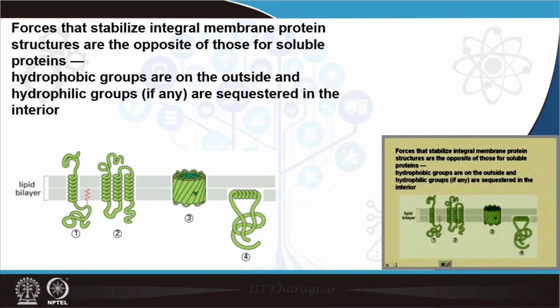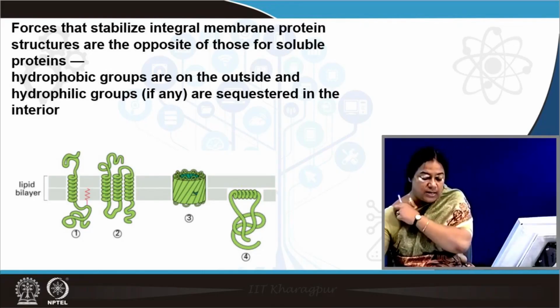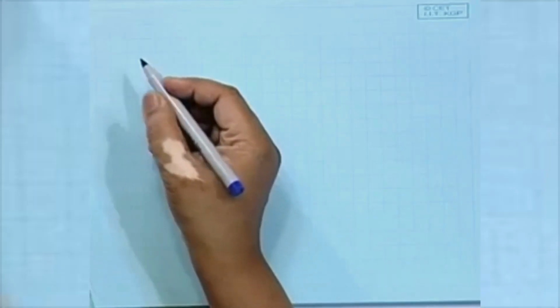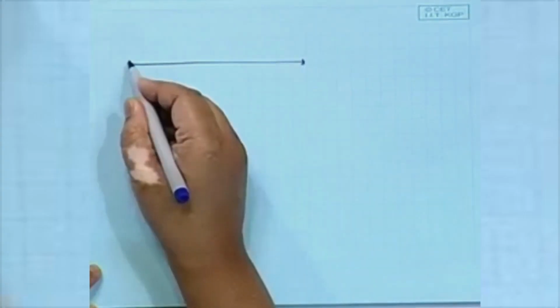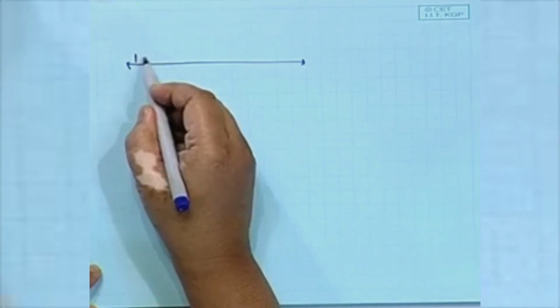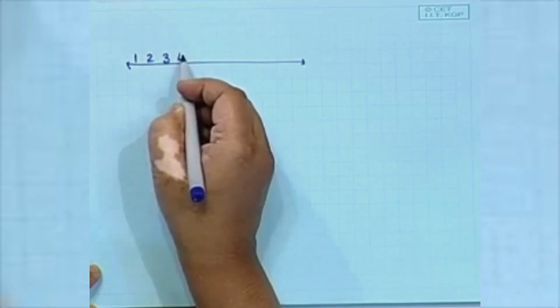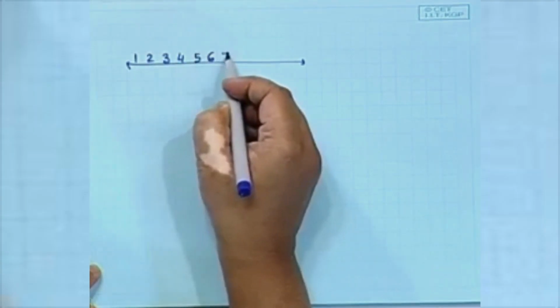Now, you remember how we are supposed to find out the transmembrane helices using the hydropathy plot. Okay? What do we do for the hydropathy plot? There is a certain sequence of amino acids that we have. Okay, so we have amino acids 1, 2, 3, 4, say 5, 6, 7 and so on.